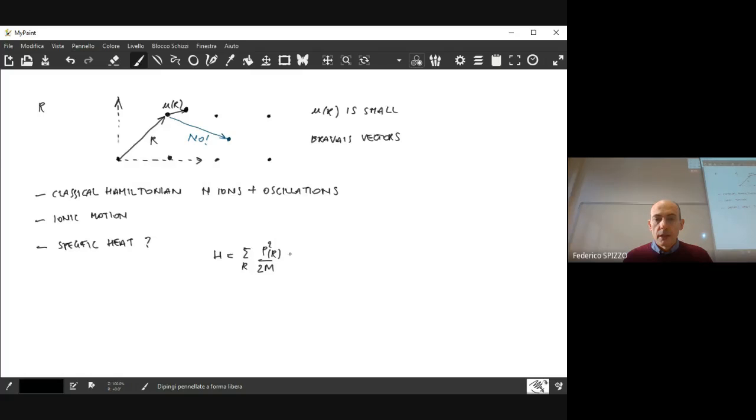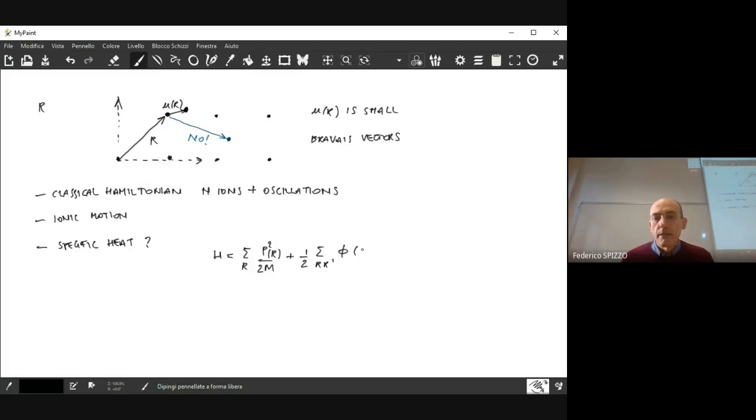So we have to include an additional contribution that depends on the interaction potential between the ions. In this case, I just use phi to say phi is the expression of the potential interaction between the ions in the system.